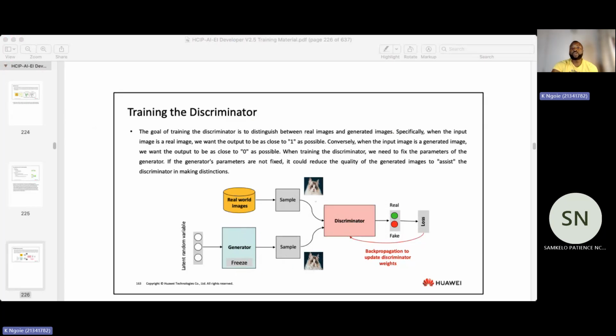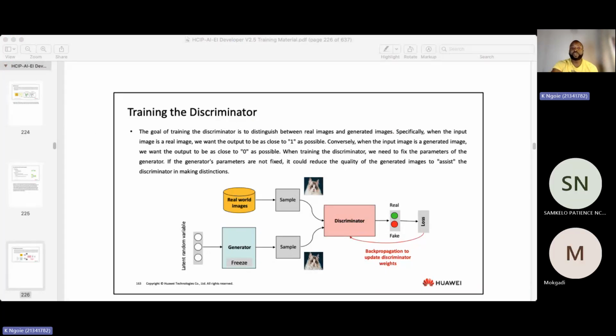The image produced by the generator is the fake one. The discriminator will output a probability between 0 and 1, where 1 means real and 0 means fake. So the closer it is to 0, the more the image is determined as fake. The closer it is to 1, the more it is real.